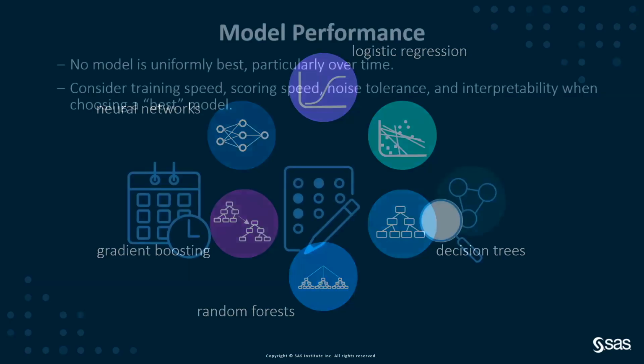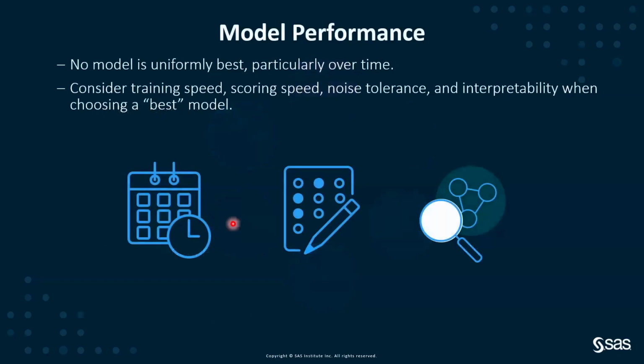Finally, a few more things: the model performance characteristics, which probably you are already aware of. Typically all these models, you have to track them and see how they are performing. From time to time when you are deploying a model and results are coming up, you need to evaluate, and the evaluation can happen with respect to any aspect, be it training speed or scoring speed or noise tolerance, or let us say interpretability.